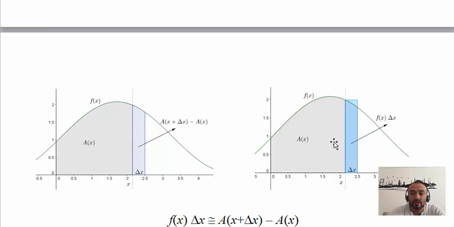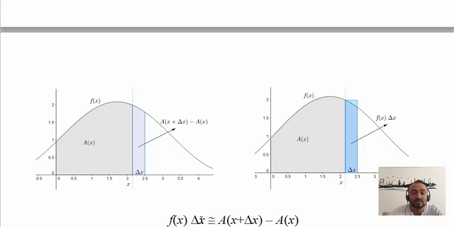But as you understand, there will be a little difference, and you may write approximately f(x plus delta x) times delta x, and A(x plus delta x) minus A(x) are approximately equal.